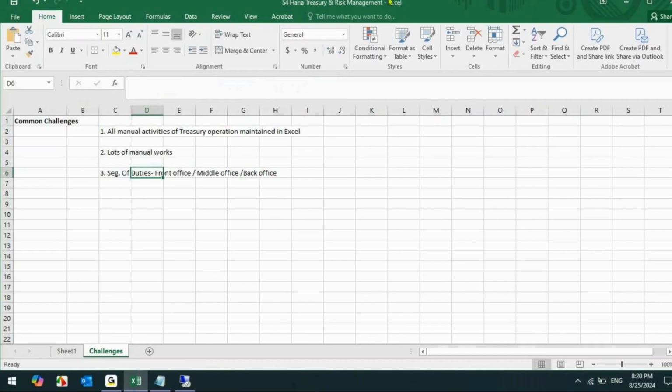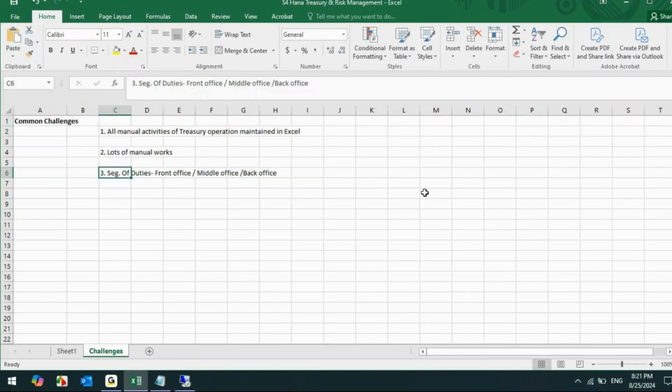The entire treasury organization lies in these three areas. There would be one team as front office, a middle office team, and a back office team. There is no segregation of duties because everything is maintained in Excel, so segregation of duties cannot be assigned in that way.